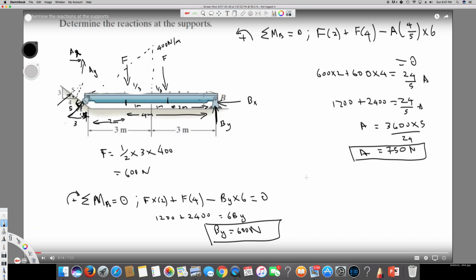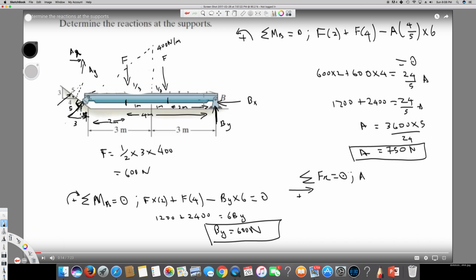So to find the Bx, let's do the sum of Fx. In statics, sum of Fx is equal to 0, and I'm taking this direction positive. If I take this direction positive, this Ax is going toward this direction. Therefore Ax is positive, but it's going to be A cos theta, because we know the angle.